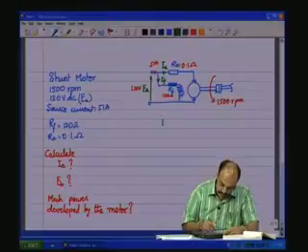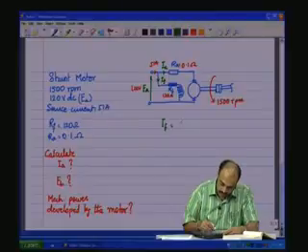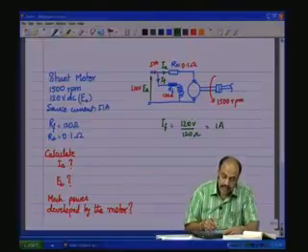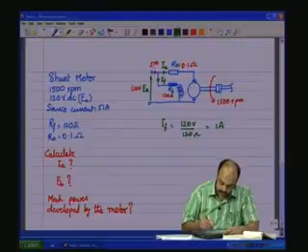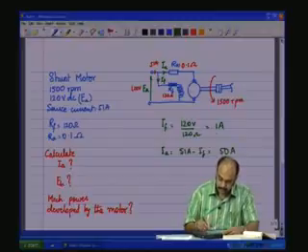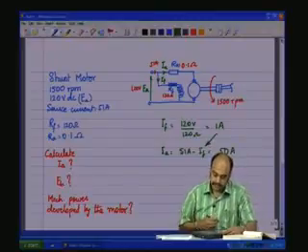Now IF is easy to calculate, which is 120 volts by 120 ohms, which is equal to 1 amp. So 1 amp flows through the field, and 51 amps is coming from the source. So IA is equal to 51 amps minus IF, which is equal to 50 amps, because IF is 1 amp.